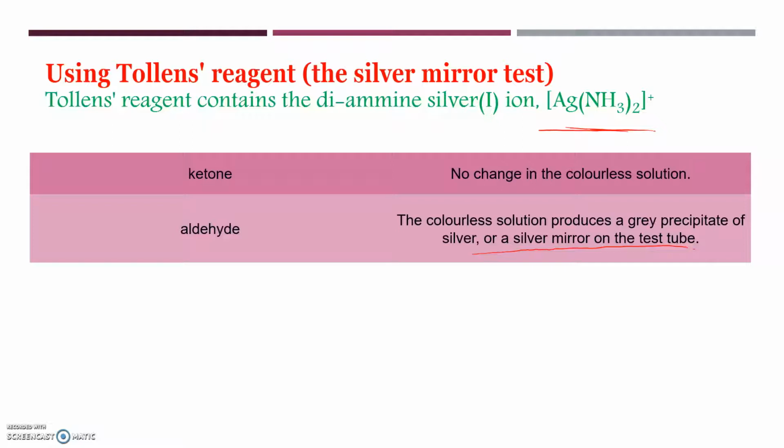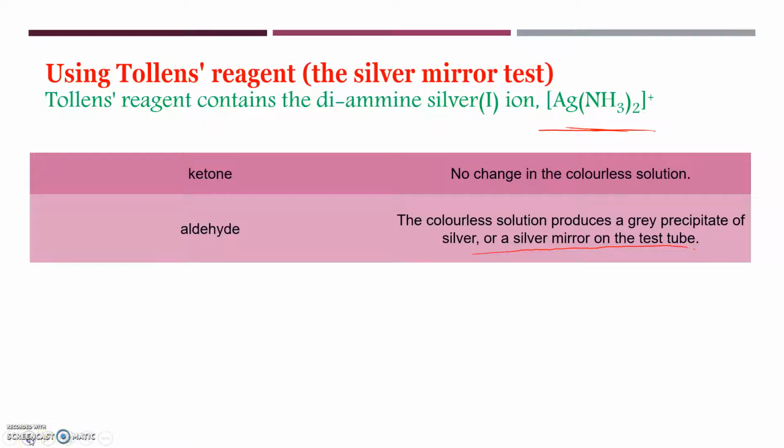For the Tollens reagent, you have a diamine silver ion, which is colorless. With ketones, it stays colorless, meaning there is no reaction. In aldehydes, the colorless solution turns to a gray precipitate of silver. And this silver is called a silver mirror test.